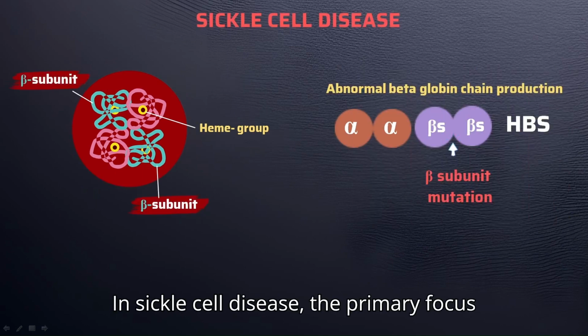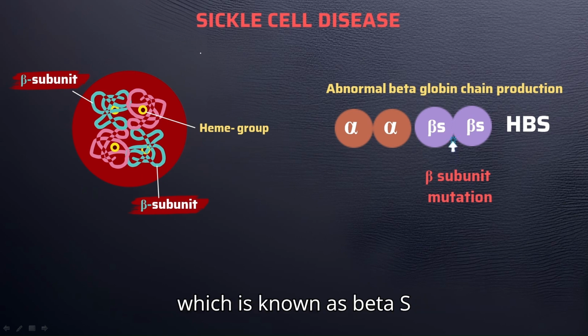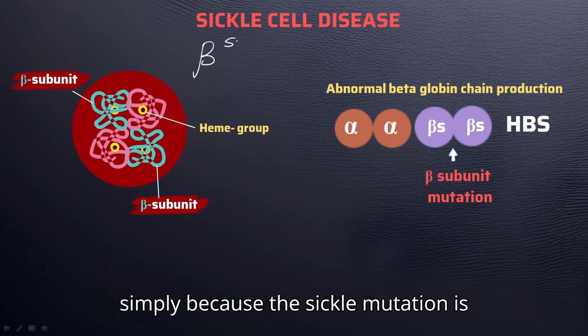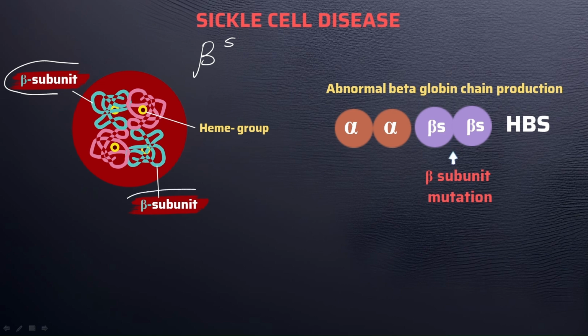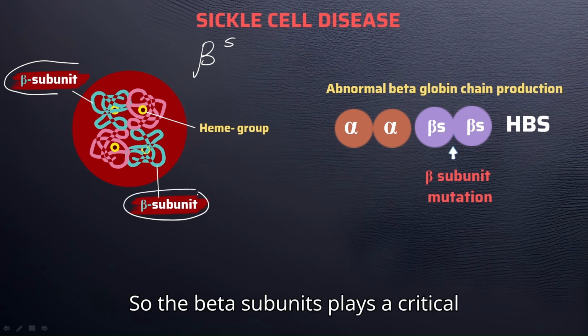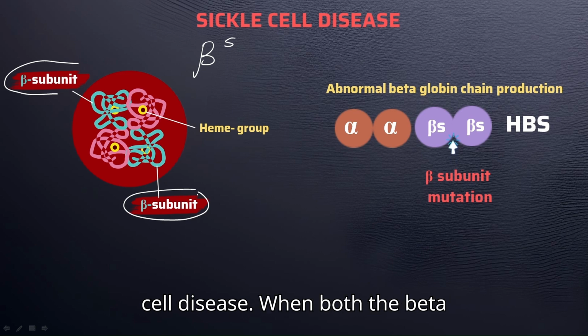In sickle cell disease, the primary focus is on the abnormal beta globin chain, which is known as beta S, simply because the sickle mutation is found in the beta subunits. So the beta subunits play a critical role in the pathophysiology of sickle cell disease.